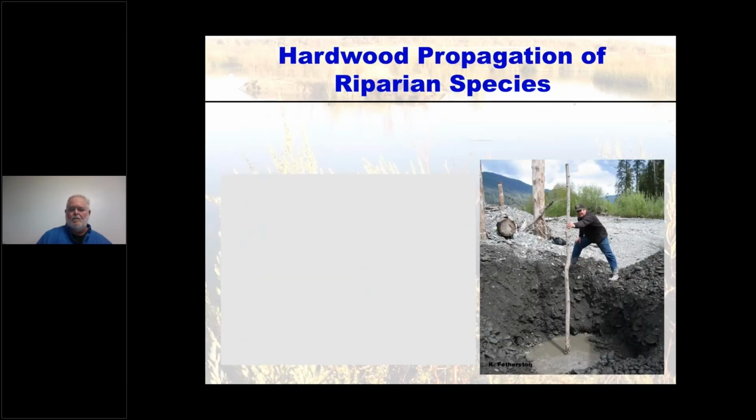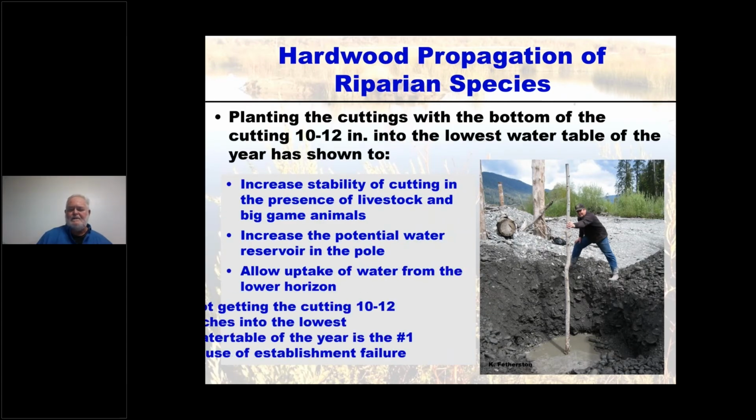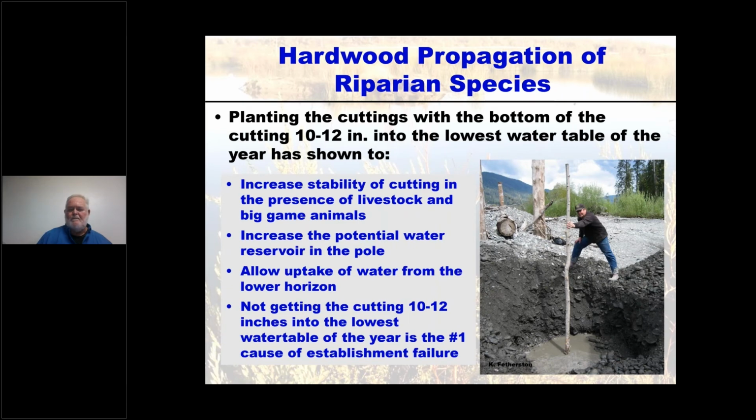With propagation, when you're planting cuttings, you want to make sure that the bottom 10 to 12 inches are in the lowest water table of the year. And I want to stress the lowest water table of the year. If you dig a hole now, it may not be exactly the lowest water table, so when you hit the water, you may have to go further down than you anticipate.